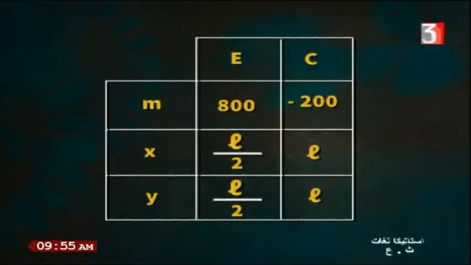Then the center of gravity of the remaining part equals 800 times L over 2 minus 200 times L over 600. Why? Because 800 minus 200 equals 600.